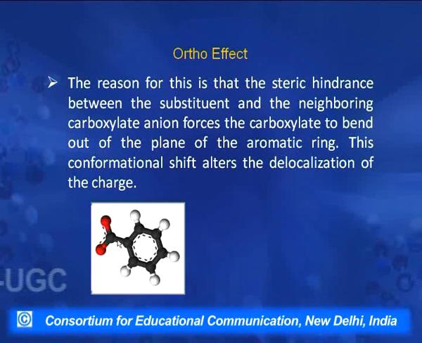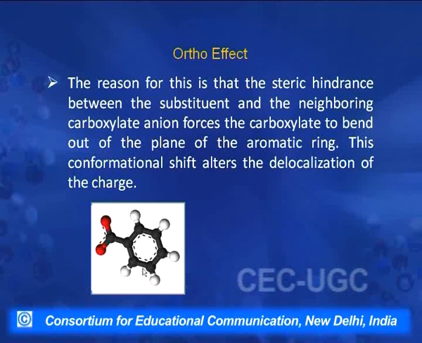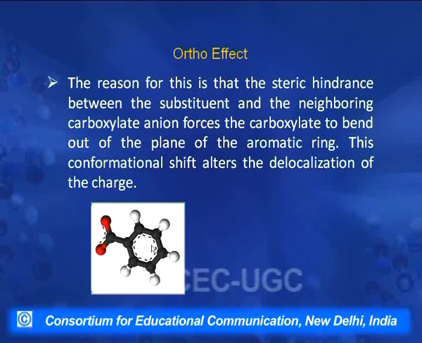But if somehow this conjugation between the carboxylate anion and the ring electrons is prevented, then this resonance will not be possible, and the electron releasing effect of the groups present on the ring towards the carboxylate anion will be decreased or prevented, and hence that will increase the acidic strength.